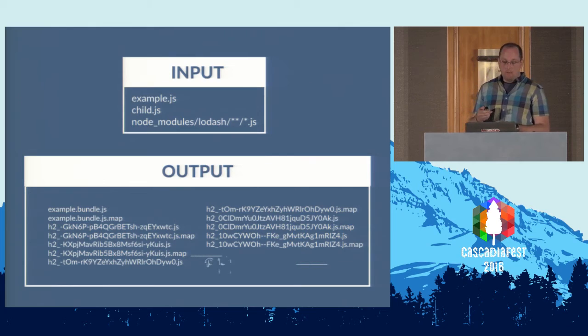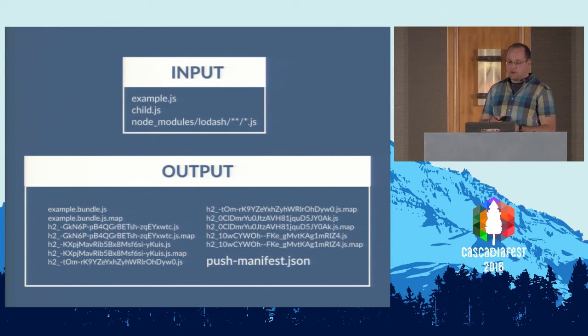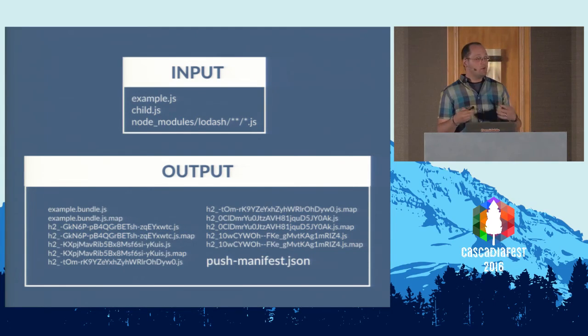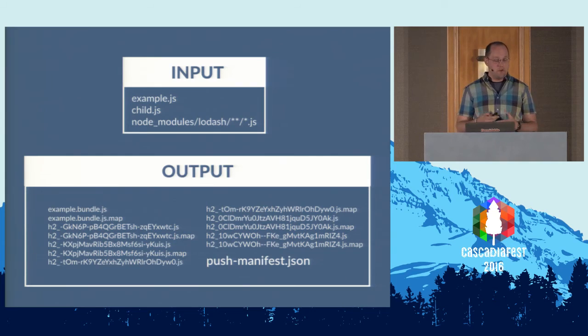And finally, a push manifest file that your server can use to know what else to push when a file is requested. There's not a lot of standardization yet for this sort of manifest. Everybody kind of uses something different, but it should be easily transformable to whatever H2 hosting solution you end up using.